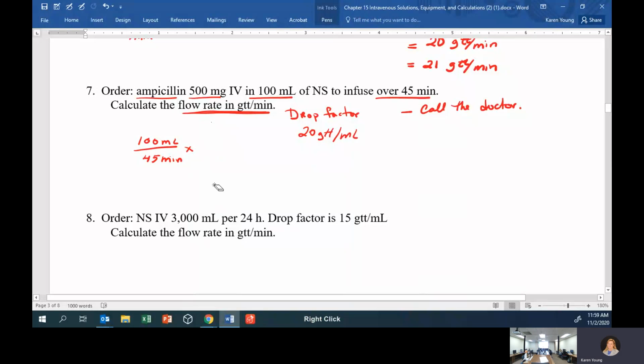Okay, now the pen doesn't want to do this again. So 20 drops per milliliter.